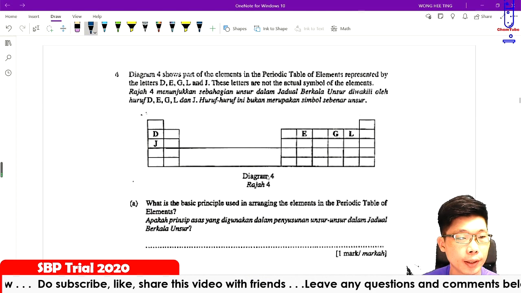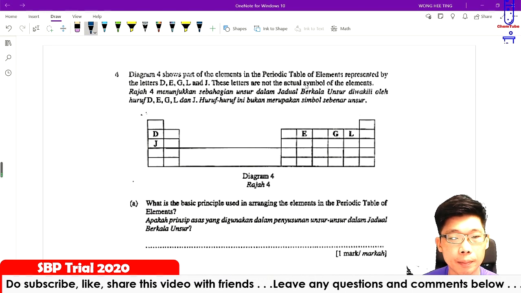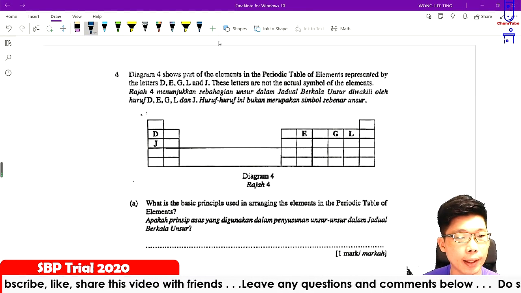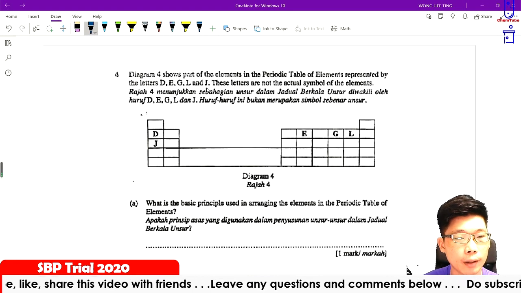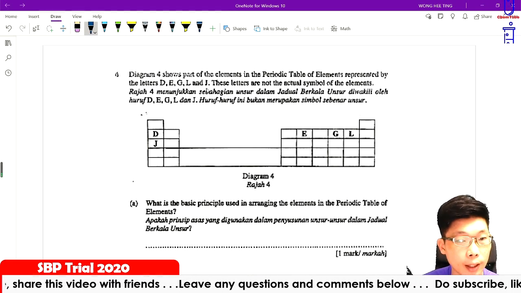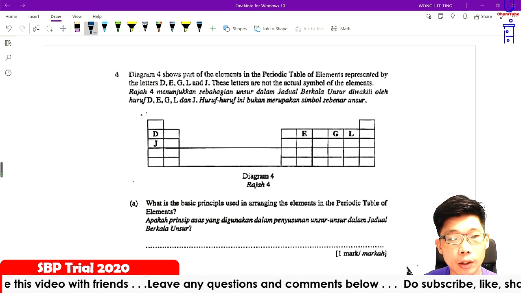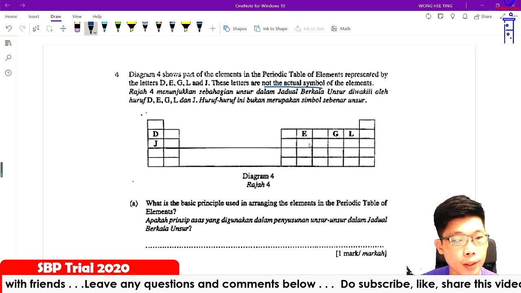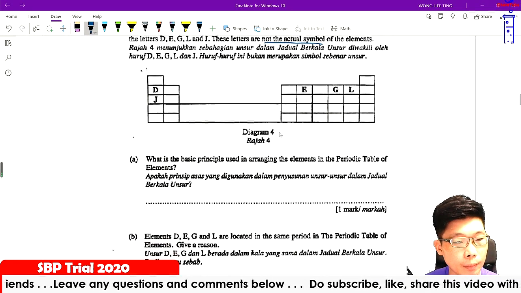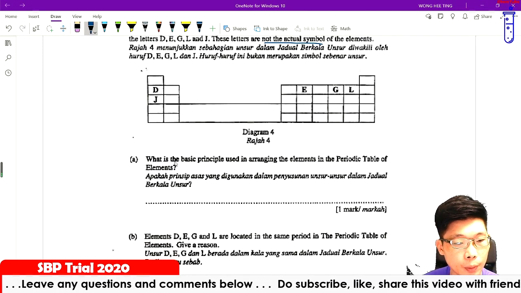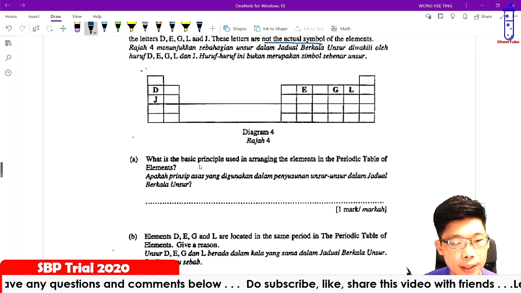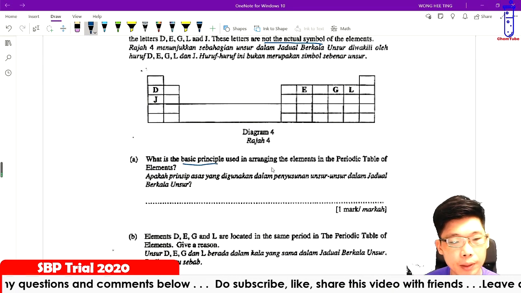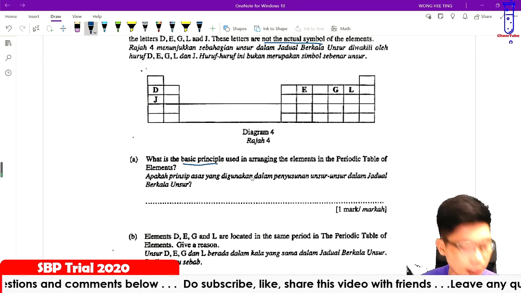Question number 4. The diagram shows the elements in the periodic table represented by the letters D, E, G, L, and J. This letter is not the actual symbol. Number 1, what is the basic principle used to arrange the elements in the periodic table?